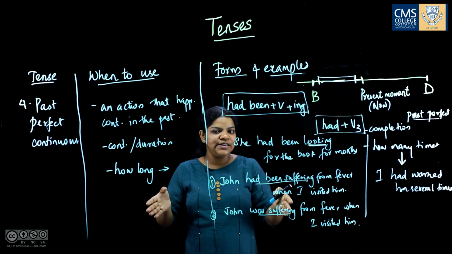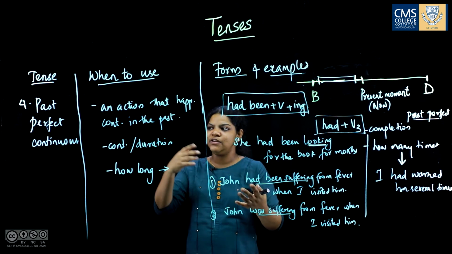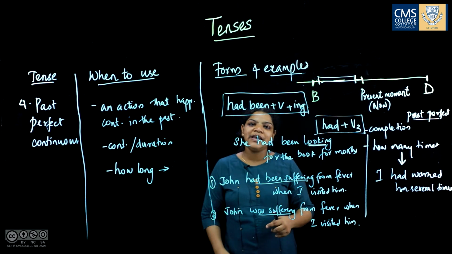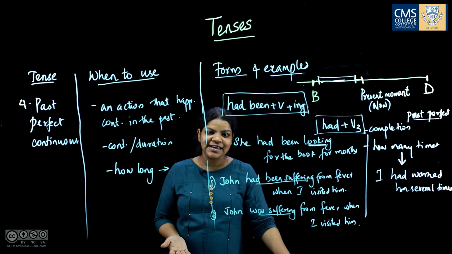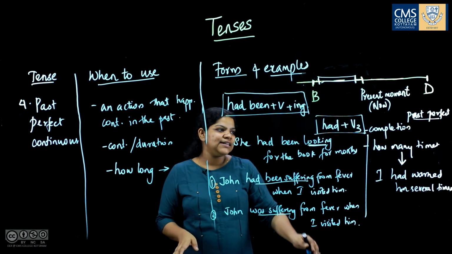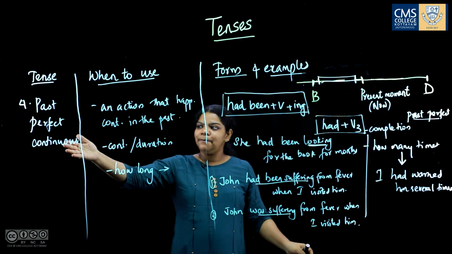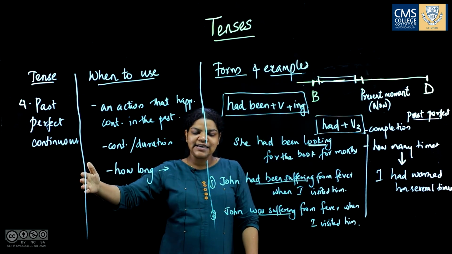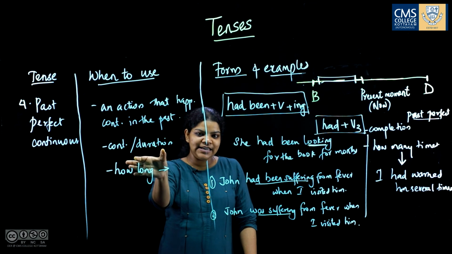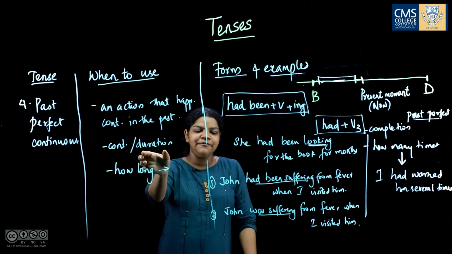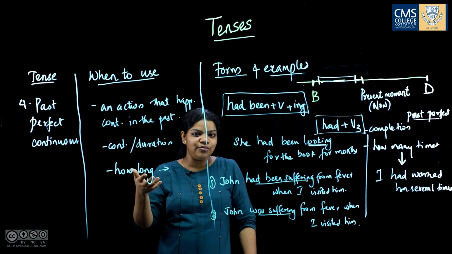One action was continuous, the other action interrupted. That's when you use the past continuous tense. Then we looked at the past perfect tense, wherein there was an emphasis on the sense of completion. And in the past perfect continuous tense, even though the action is complete, the emphasis is on the duration.